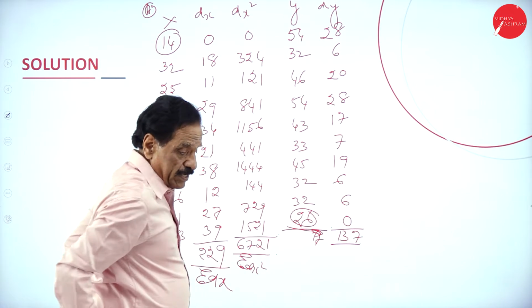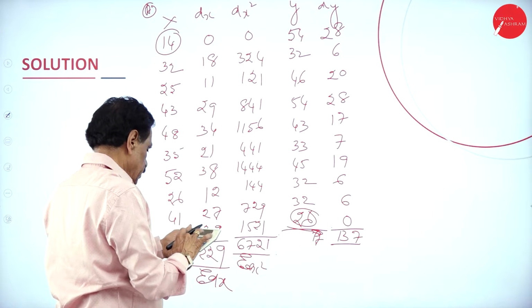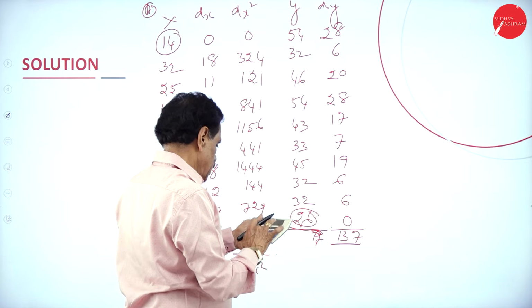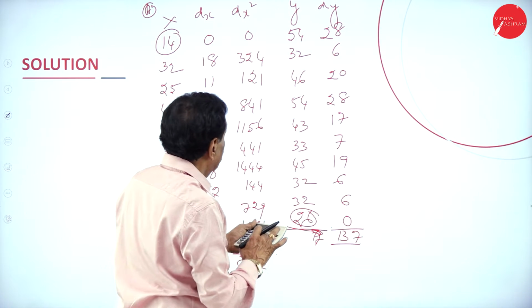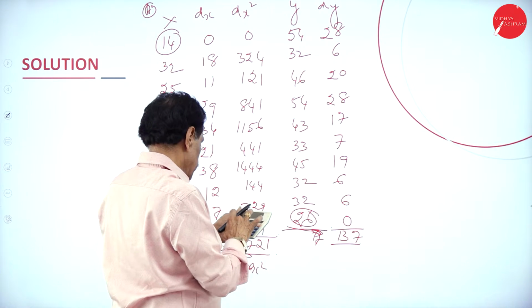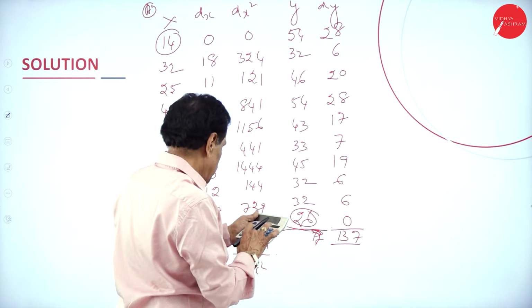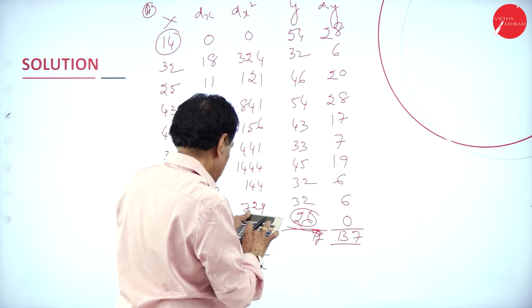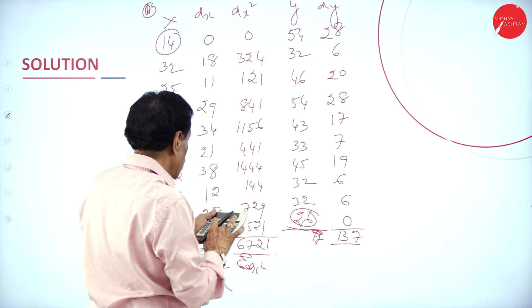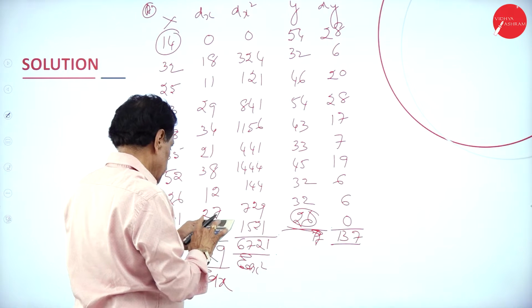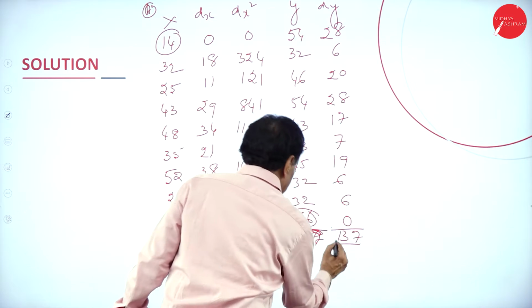Check the number once again: 28 plus 6 plus 20 plus 28 plus 17 plus 7 plus 19 plus 6 plus 6, 137. This is sigma dy.